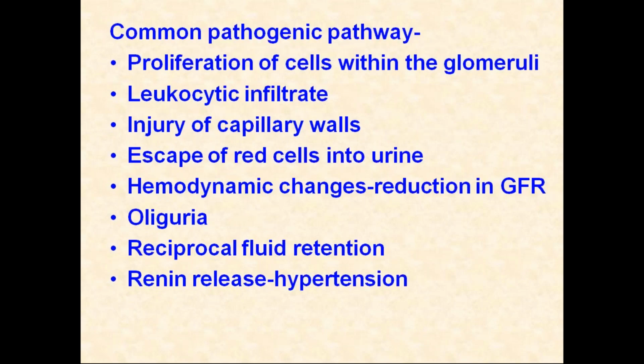In the common pathogenic pathway, what do you have within the glomeruli? You have proliferation of the cells within the glomeruli, a leukocytic infiltrate, and injury to the capillary wall with escape of red blood cells into the urine. Hemodynamic changes result in reduction in glomerular filtration rate, oliguria, fluid retention, and renin release resulting in hypertension.